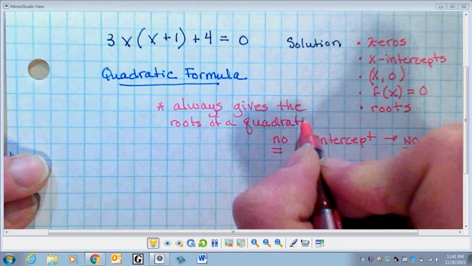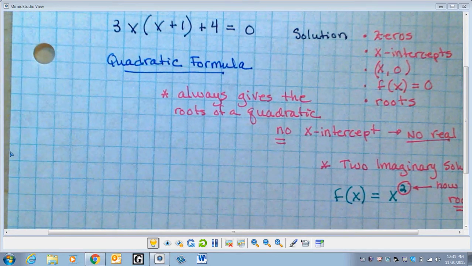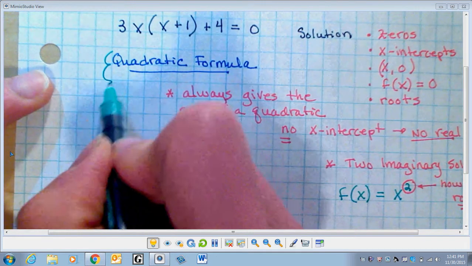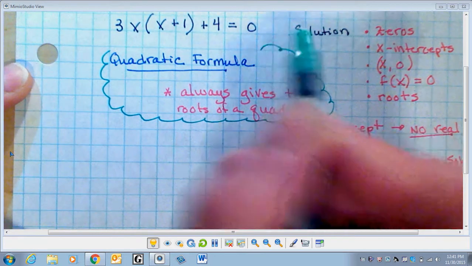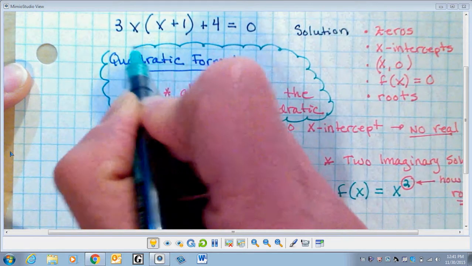It has to be a quadratic. So my quadratic formula always gives the roots of a quadratic.